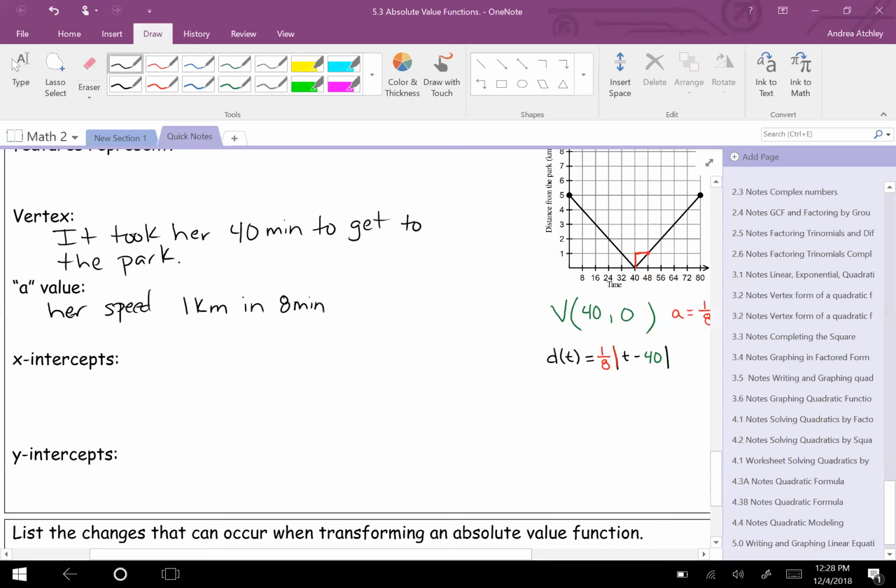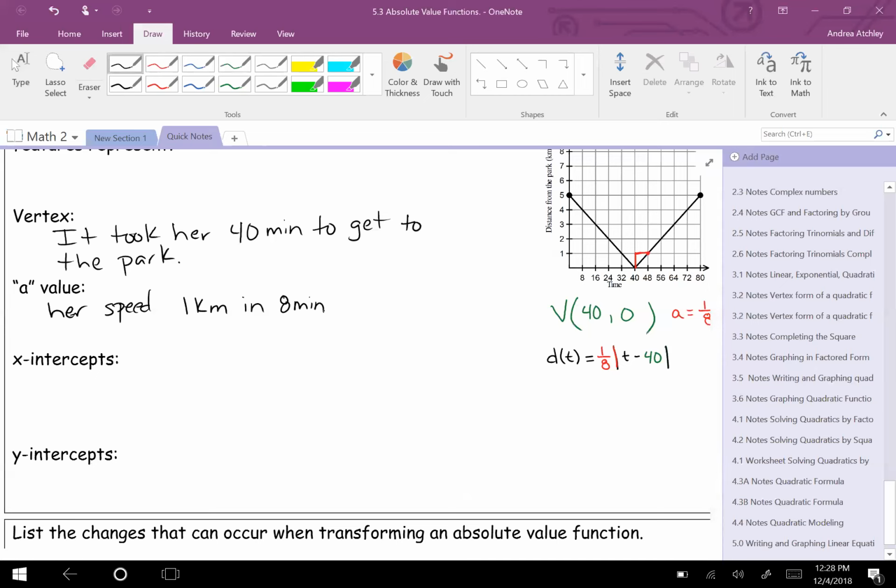Is that fast or slow? Or average? Is a kilometer more than a mile or less than a mile? Less than a mile. Okay, so if it were 1 mile in 8 minutes, this is less than a mile. A kilometer is less than a mile in 8 minutes.